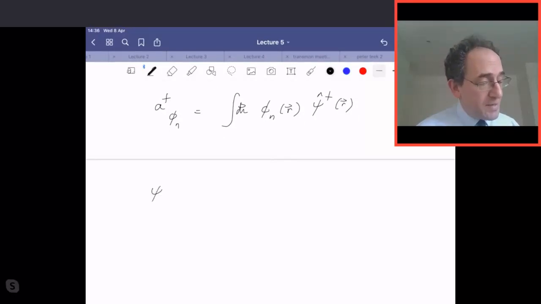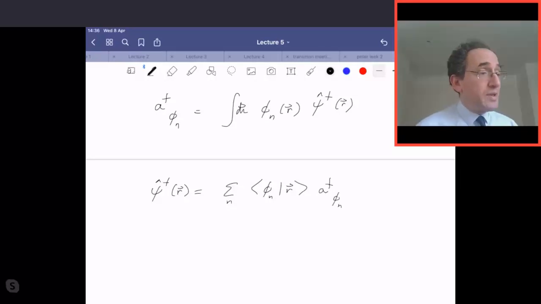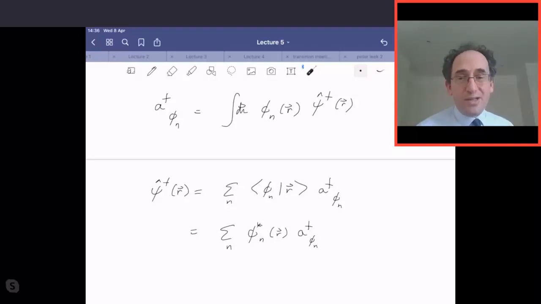I can write, for example, psi dagger of r equals sum over n, any set as long as it's complete, I can always do this, of phi star n of r a dagger phi n. And again, this is a case where I always get confused whether there's a star in this expression or not, but this is done correctly.